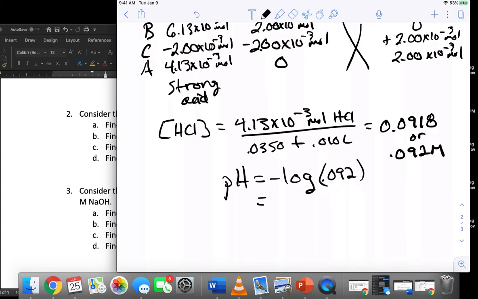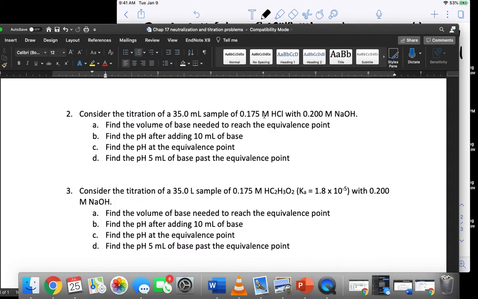And the negative log of 0.092 comes out to about 1.04. So 1.04 for my pH at that particular point in time. So it's still very low, and that's because I still have mostly just a strong acid in my solution. And I did start at a reasonably high concentration at 0.175.